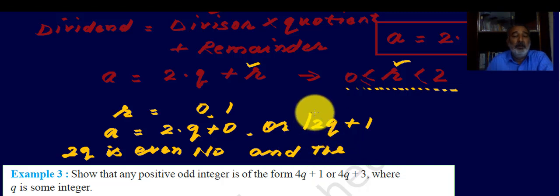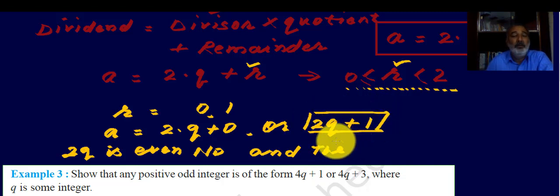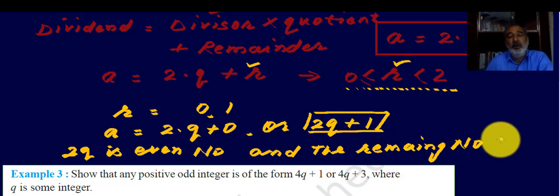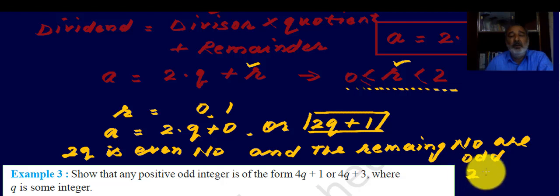What are the remaining numbers? 2q plus 1. Remaining numbers are odd, means numbers of the form 2q plus 1 are odd numbers.